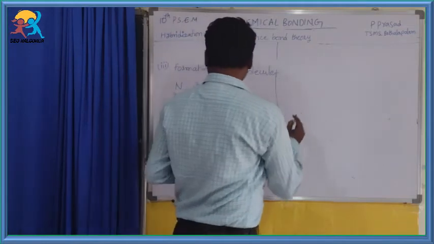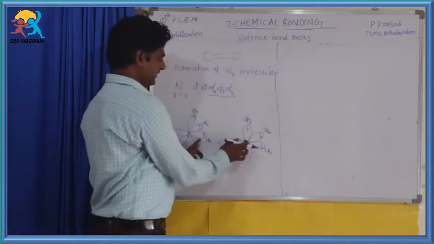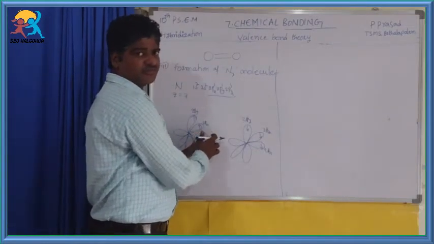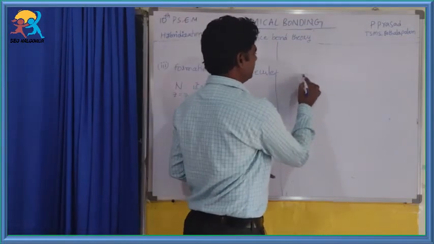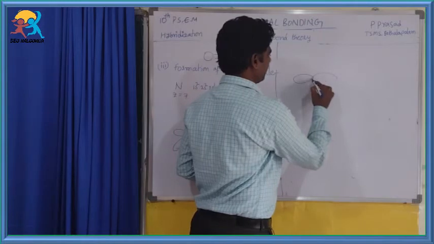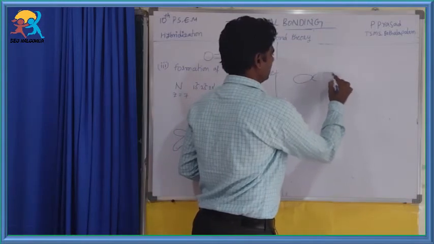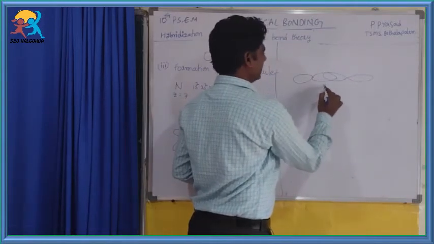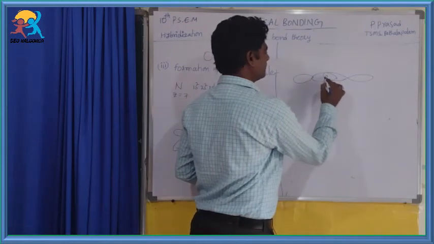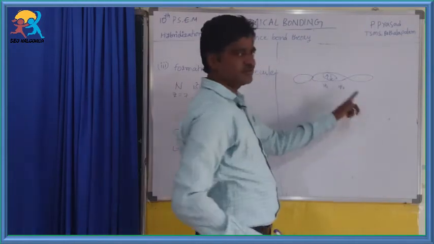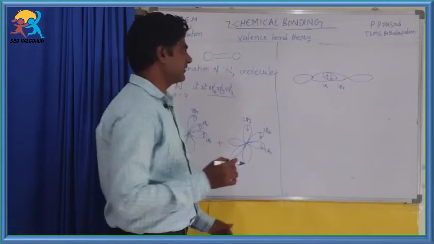The 2px of one nitrogen atom and the 2px of the other nitrogen atom overlap like this. This is called 2px end to end overlapping.